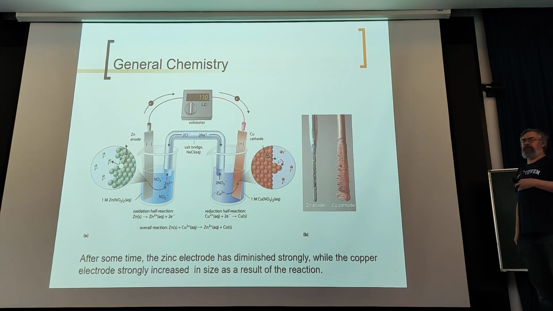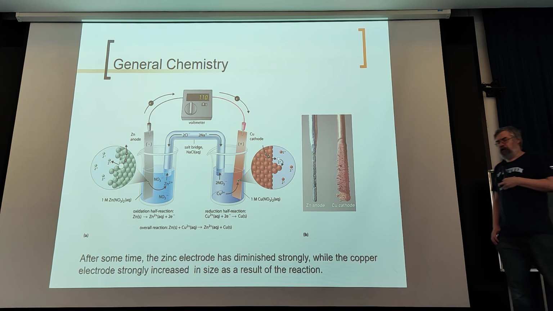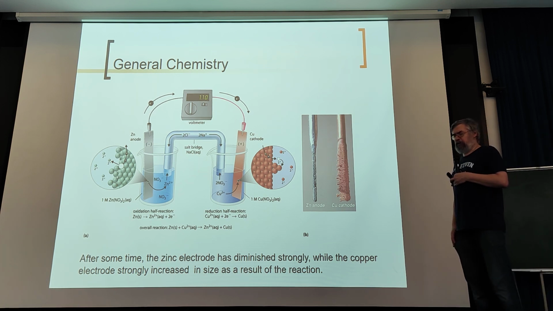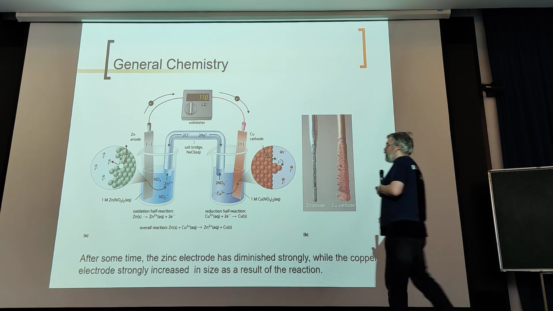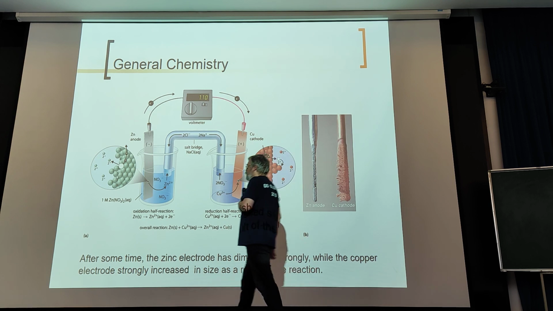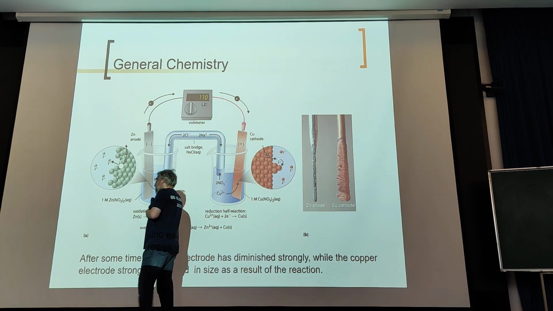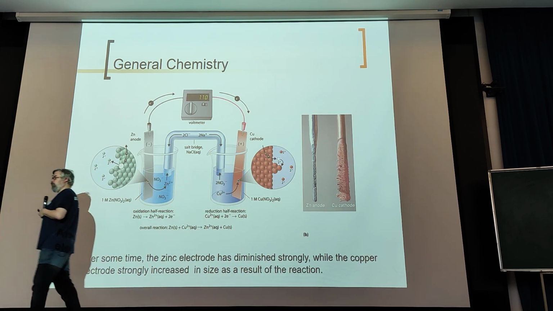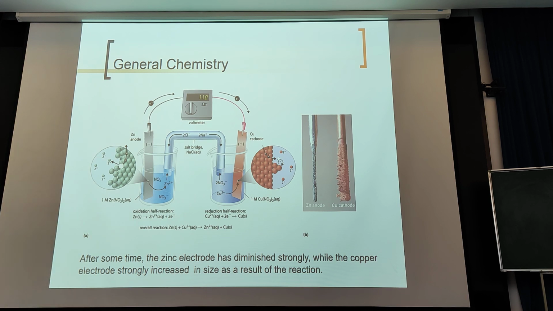This is a little bit more elaborate drawing of this galvanic cell based on zinc and copper. It's also more conventional, because the convention is always to put the anode on the left and the cathode on the right. So this is now a better way of writing it.